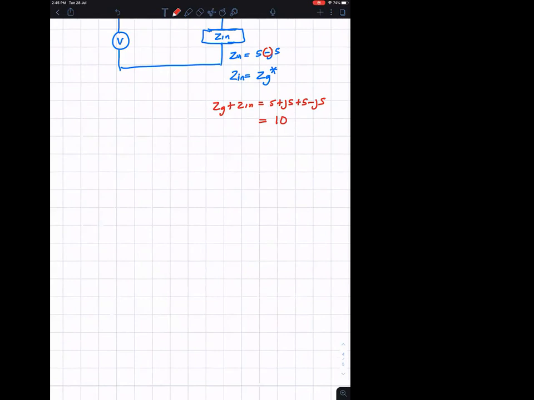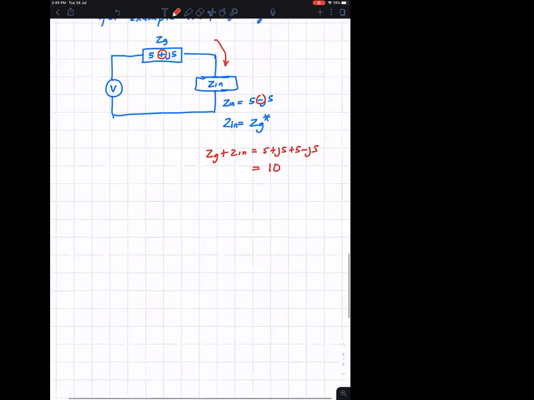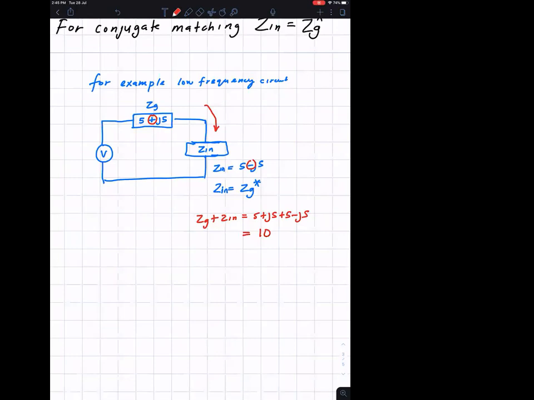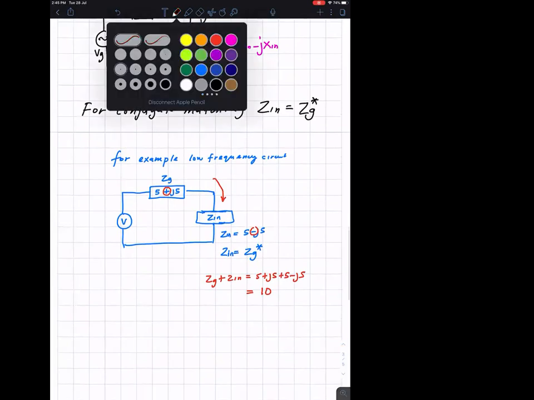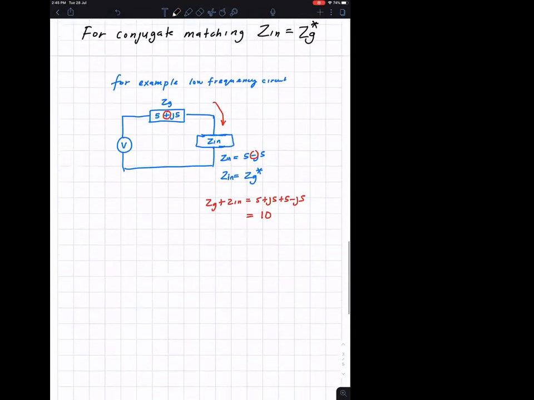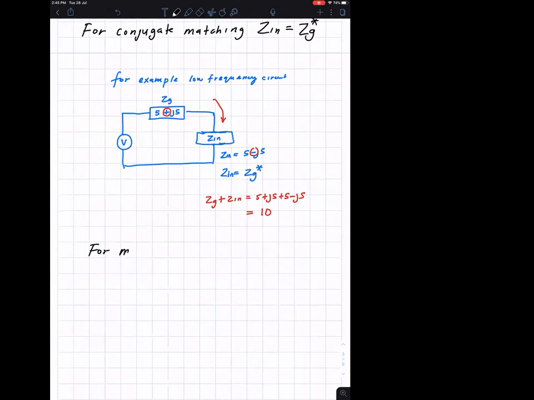So in amplifier design, we are talking about conjugate matching. Conjugate matching means we are trying to cancel all the reactances and have maximum power transferred to the load. In conjugate matching, for maximum power transfer, in this case, Z in is the conjugate of ZG.